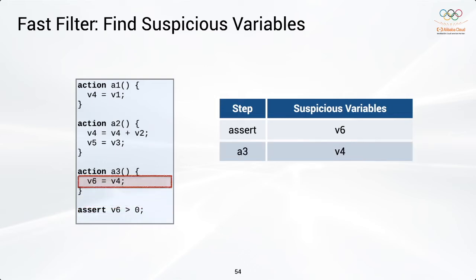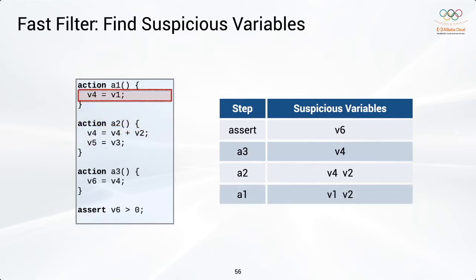We find v6 is assigned by v4, so before the execution of a3, v4 is suspicious. Next, we find v4 is assigned by v4 itself and v2, so before the execution of a2, both v4 and v2 are suspicious. And finally, we find v4 is further assigned by v1, so before the execution of a1, both v1 and v2 are suspicious.